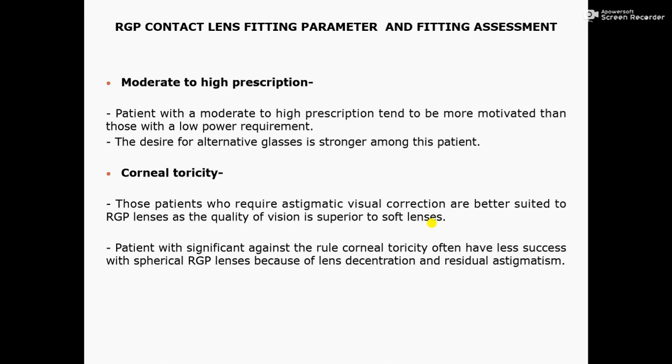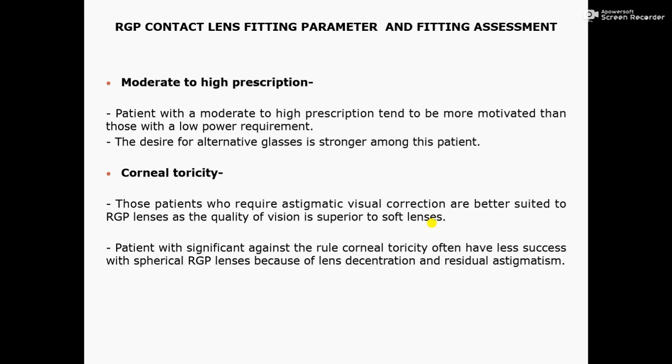So, what is corneal toricity? Toricity is usually defined as the variation of the apical curvature of the corneal meridians.